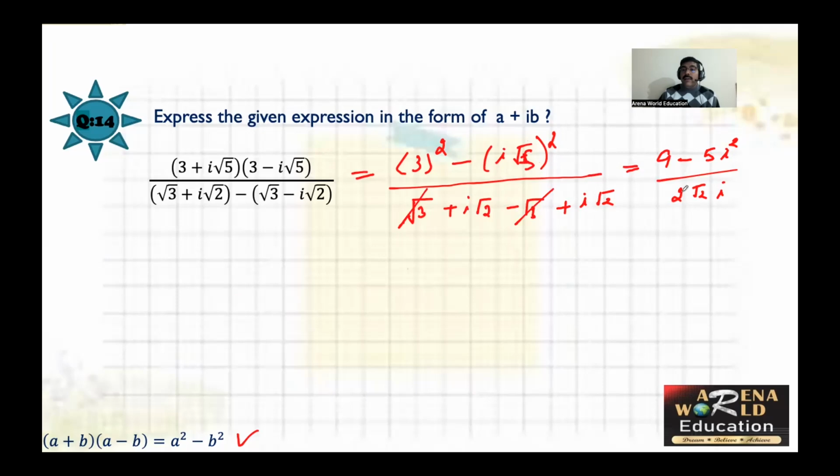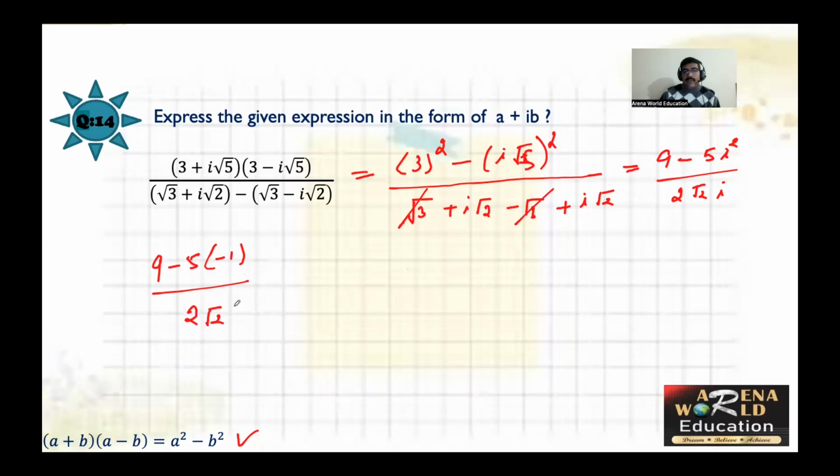So this will be 2 times under root 2 iota, right? So we know iota square is what? This is minus 1. So you can see numerator will be minus 5, 9 minus 5 into minus 1, divided by 2 root 2, right?